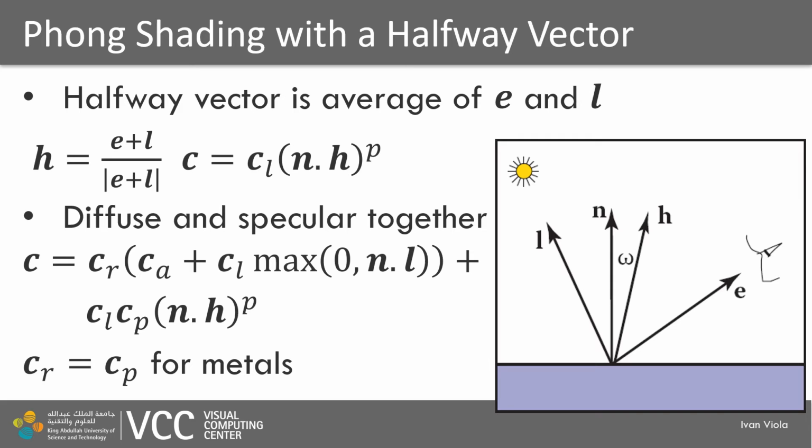And then we have our specular term, and we said that the specular term doesn't really depend on the color of our object, because the light is not penetrating and reflecting from there, but it's reflecting directly from its surface.